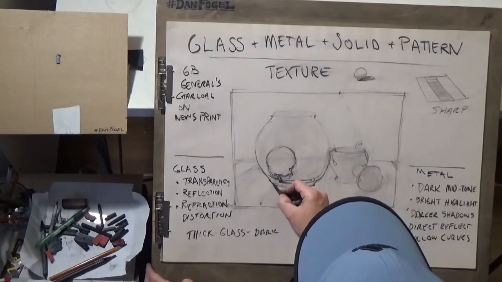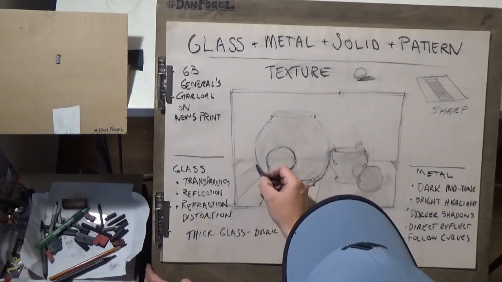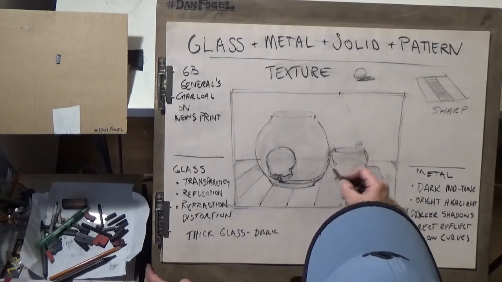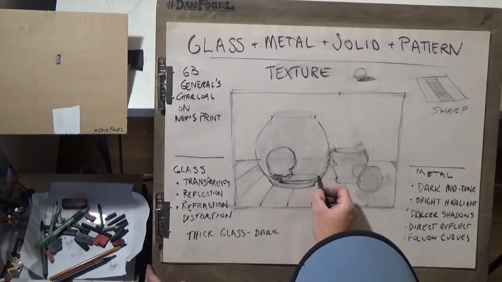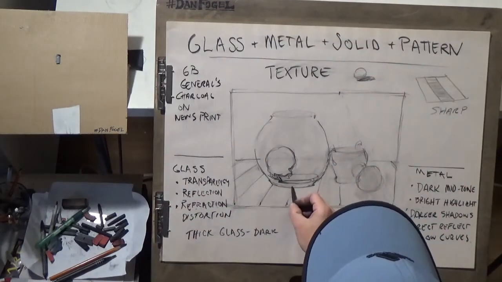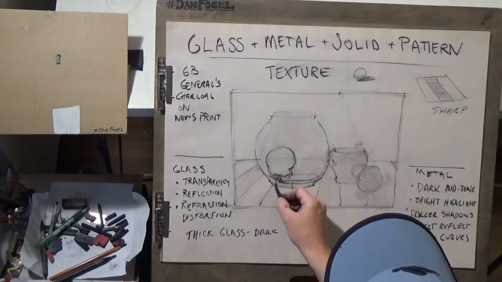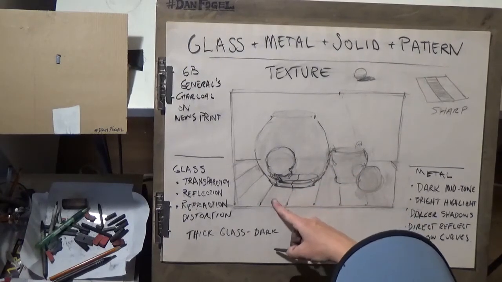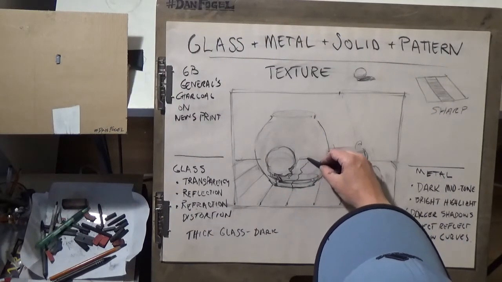Okay, so here again, I've got my stripes, and they're coming up to the edge of my glass tank. So what I want to do is look at my source material, of course, but I want to have it in my mind that I can't make a direct connection between the shape of the stripe on the outside of the glass and the shapes of the stripes on the inside of the glass.